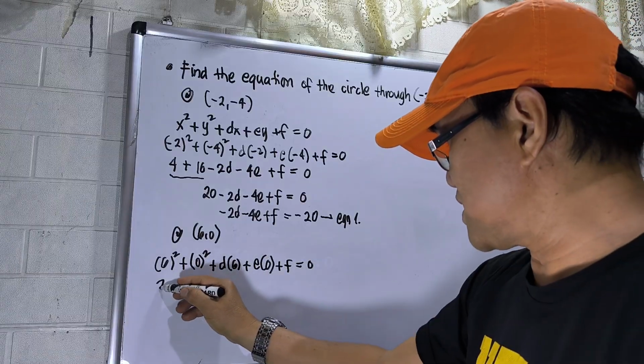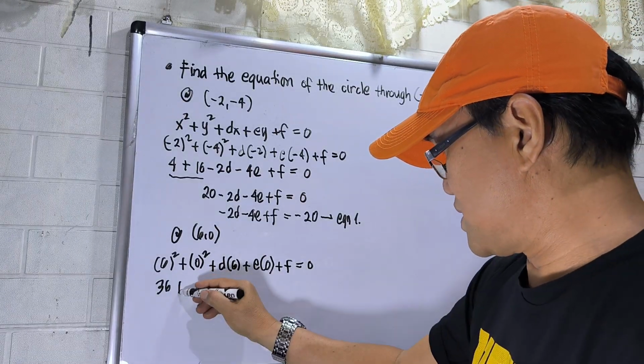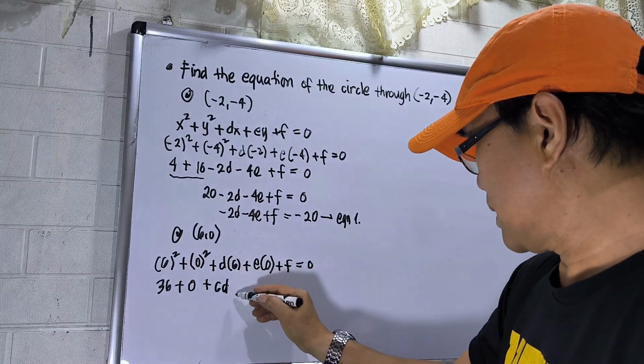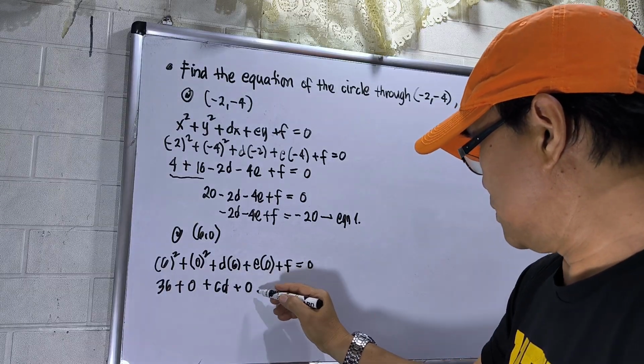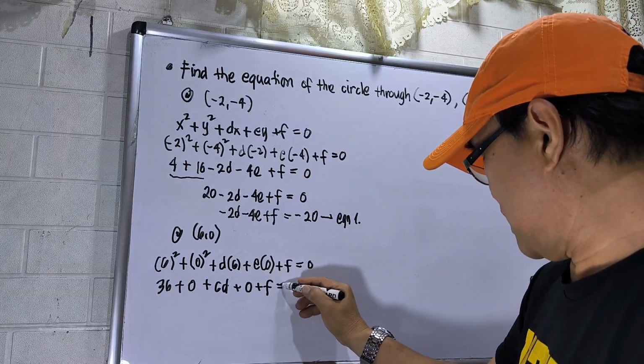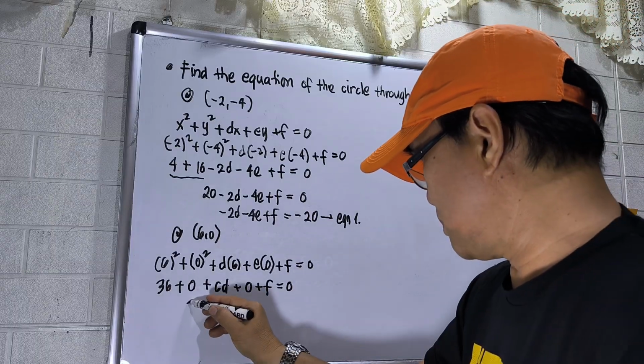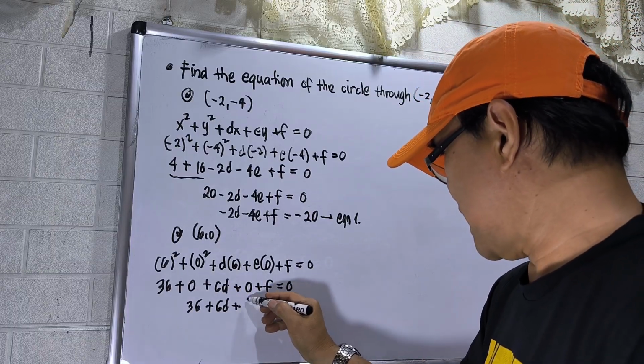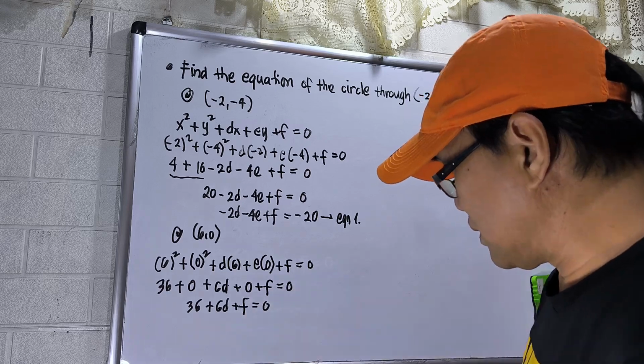So this will be 36. 0 squared is still 0. Then plus 6d plus 0 plus f is equal to 0. So this will be 36 plus 6d plus f is equal to 0.